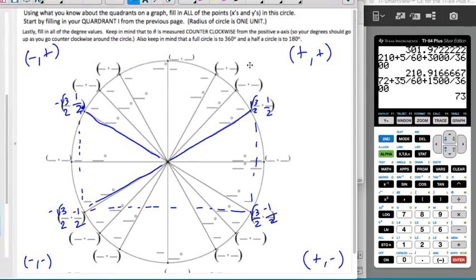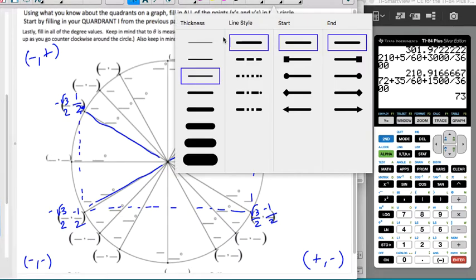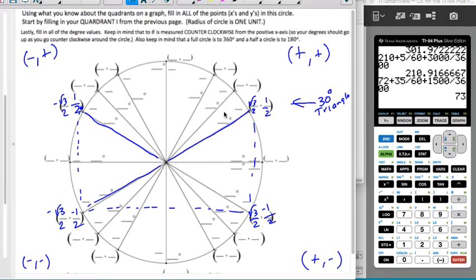Okay, so I used that one point I found, the 30-degree triangle. Now I can use the 45-degree triangle, so I'm going to switch to a different color. I know that this 45-degree triangle had everybody as root 2 over 2.